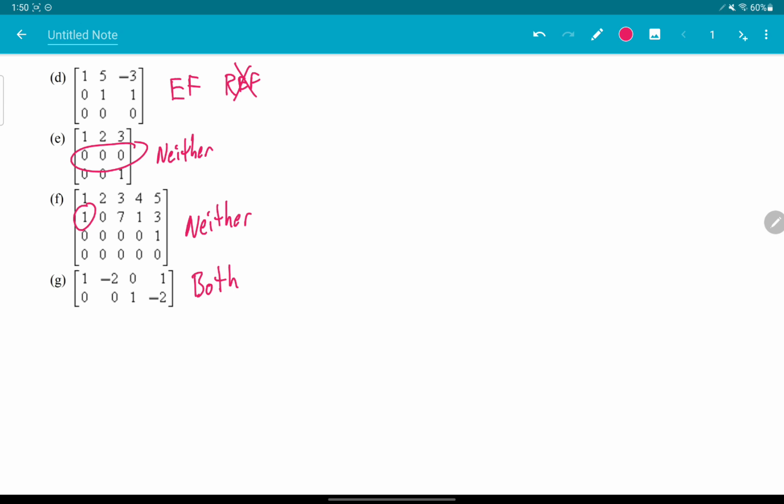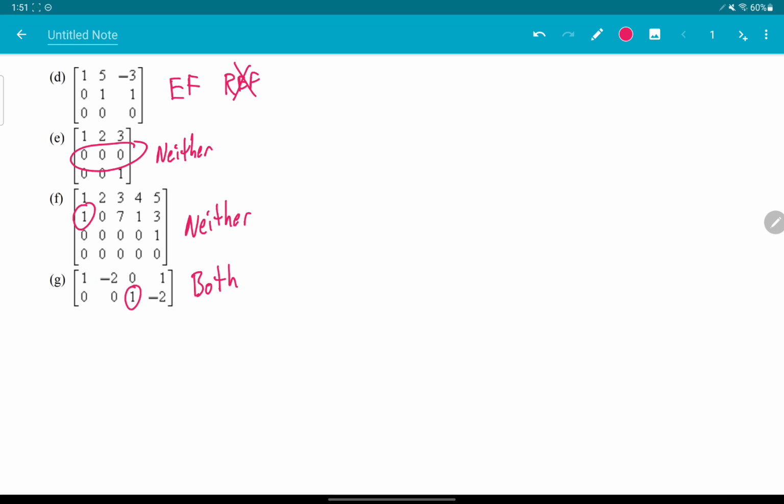And finally, G is both. There are no zero rows, so don't worry about that. My leading entries are satisfying the staircase condition. Now, if I look at my leading entries, this guy is alone in its column, and it's a 1.